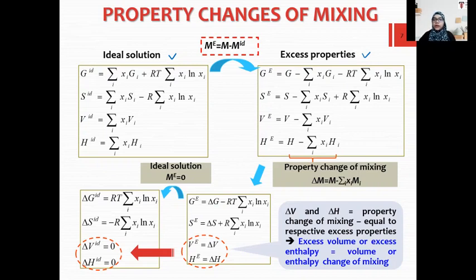The change of the volume and the change of the enthalpy equal the property change of mixing minus the respective excess properties. So it gives us that the excess volume or excess enthalpy equals the volume or enthalpy change of mixing. That is what I explained to you in the previous slide, how we obtain the equations delta V equal to 0 as well as delta H.